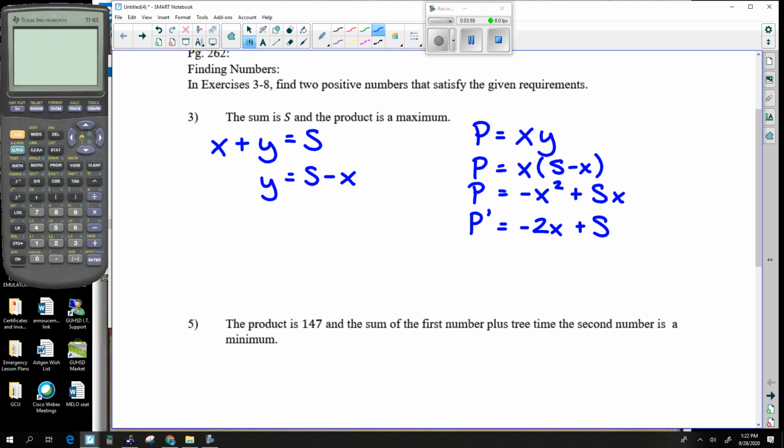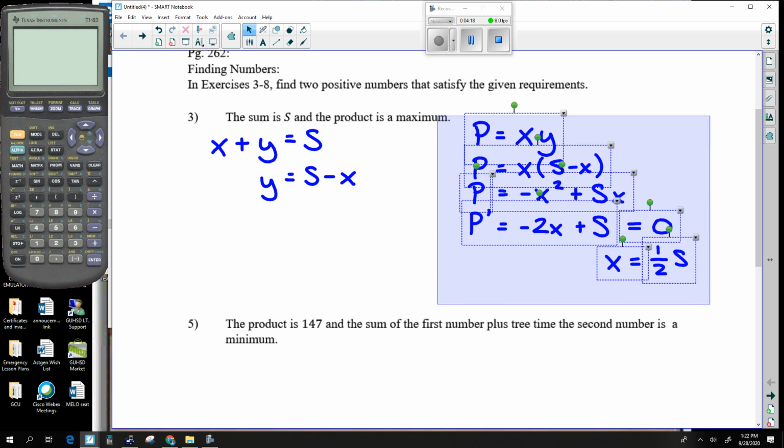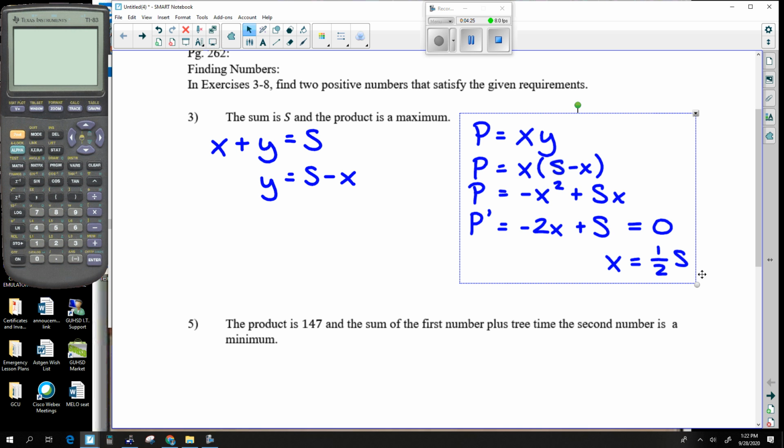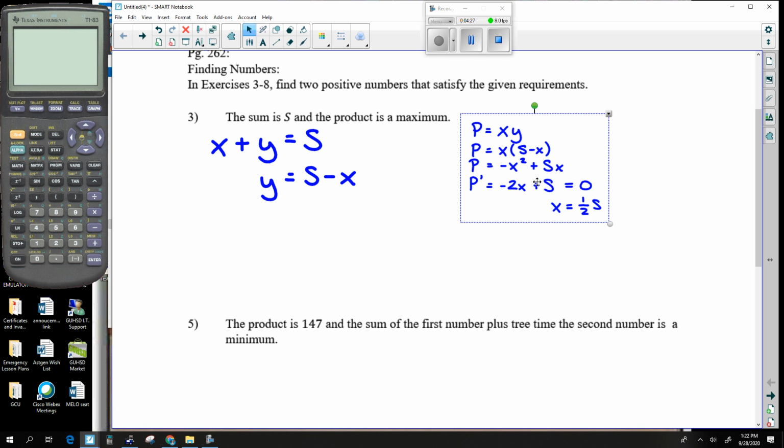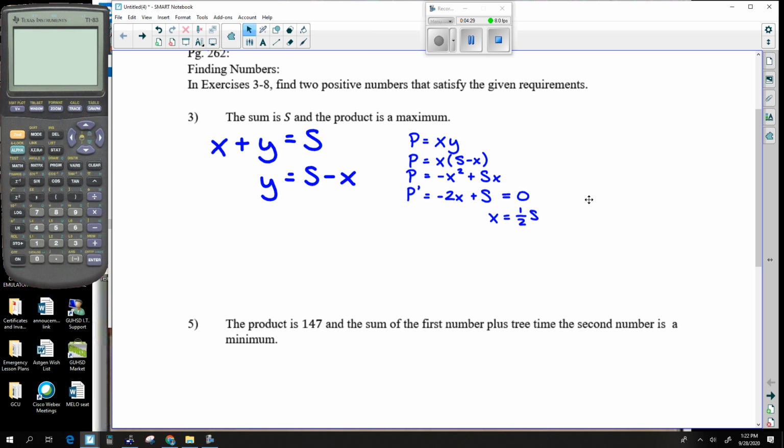All right. So what I'm going to do is find any critical numbers. Where is this thing equal to 0? If I do that, I subtract s and divide by negative 2, and that's 1/2 s. So something important is happening at 1/2 s. That's a critical number. Let's see what that important piece is saying.